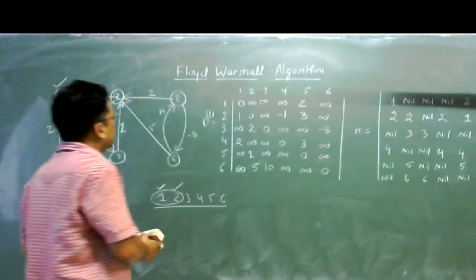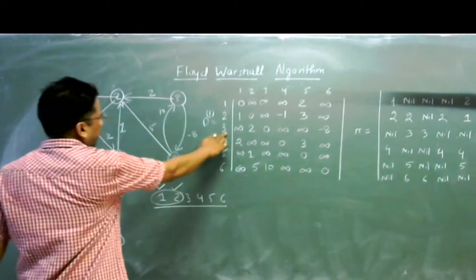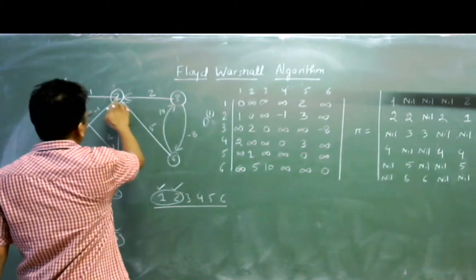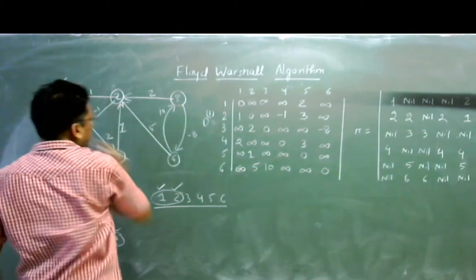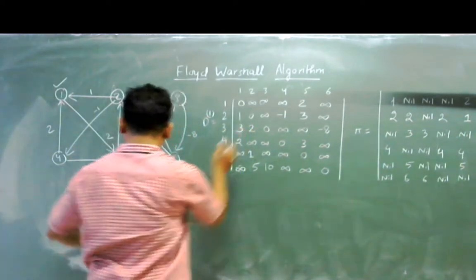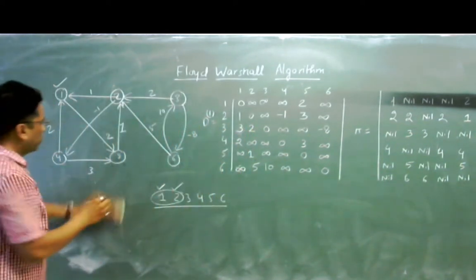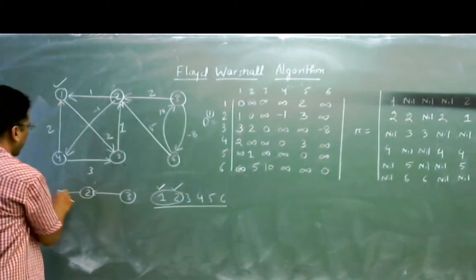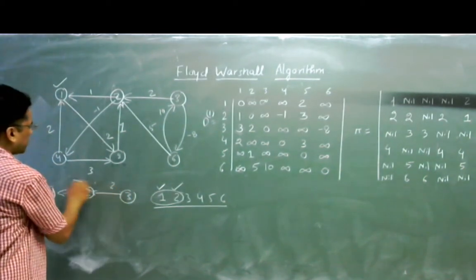So for node number 3, 3 to 1, there was no direct path, but using 1 and 2, there is a 2 plus 1, 3, so it will become 3 in place of infinity, because through node number 3 you found a new path 2 plus 1.